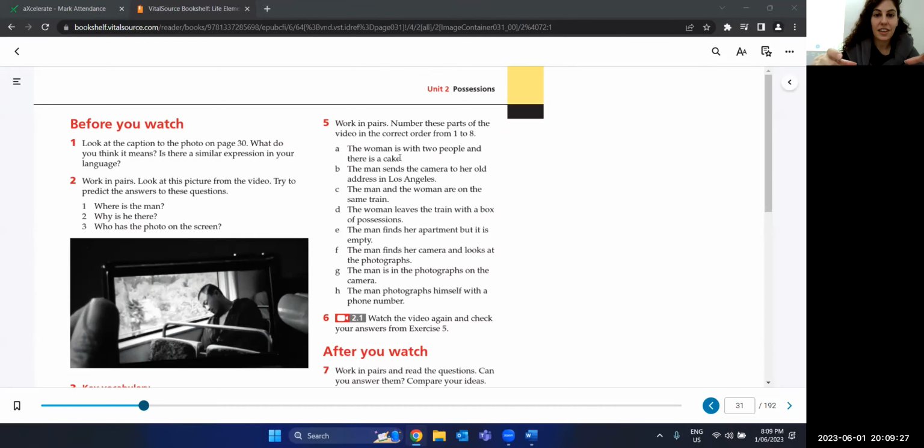So in the photo, she is with 2 people and there is a cake, 1 cake. So remember, we've been looking at grammar, talking about there is and there are. So only 1 cake, there is. Number 5, Joanna. Yeah, then the man sees that he is in the photographs, in the camera.